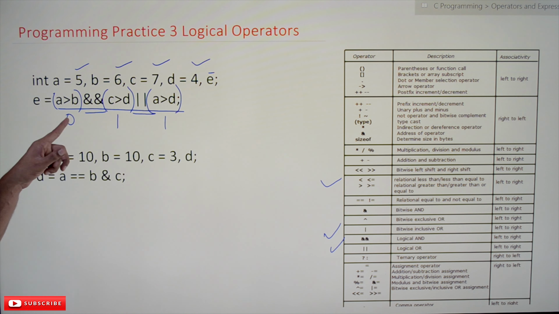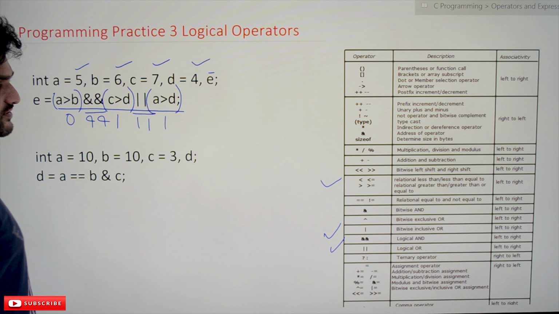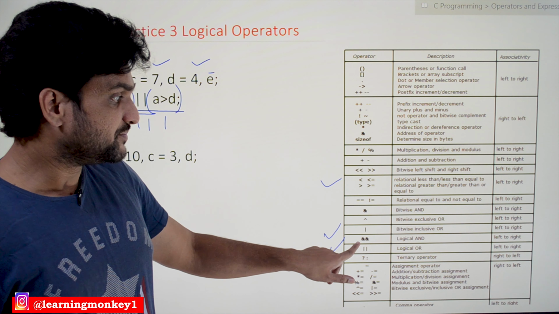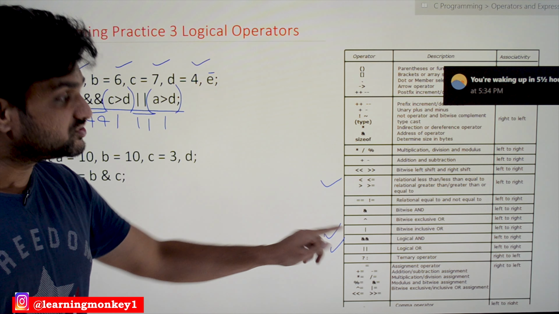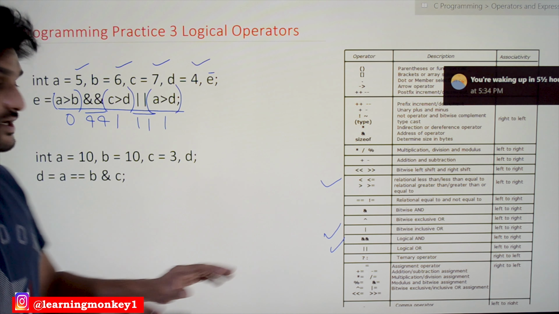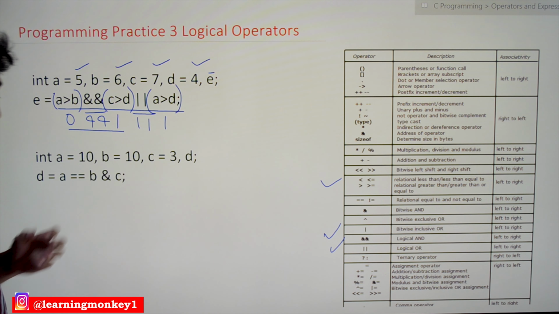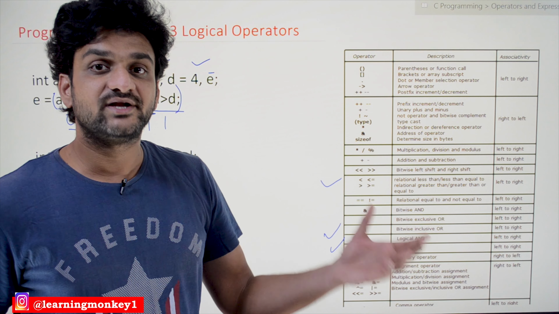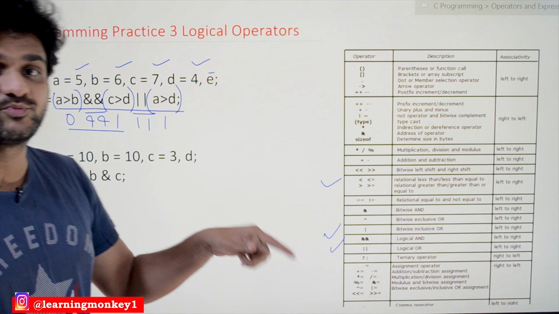And now the logical AND and logical OR have to be applied. Among these two, which one has the highest precedence? Logical AND has the highest precedence. So this is how the execution will be done. Logical AND means 1 and 0. Logical AND produces an output of 1 only if both the operands are 1.